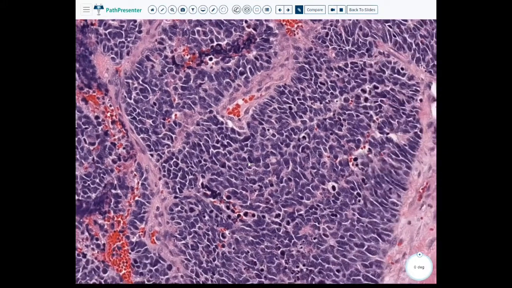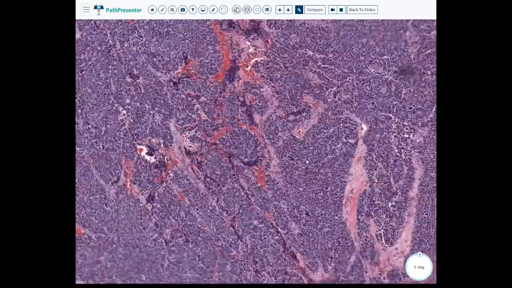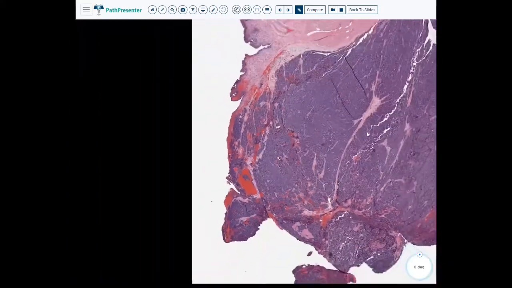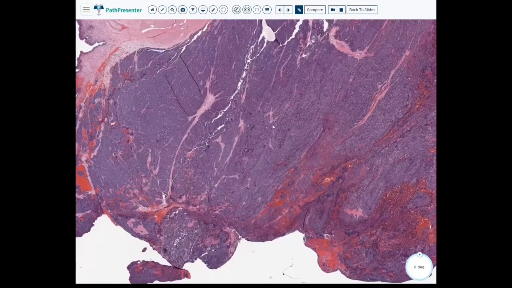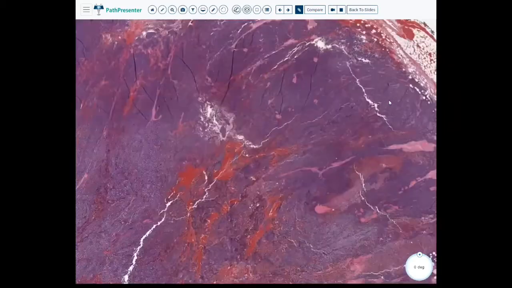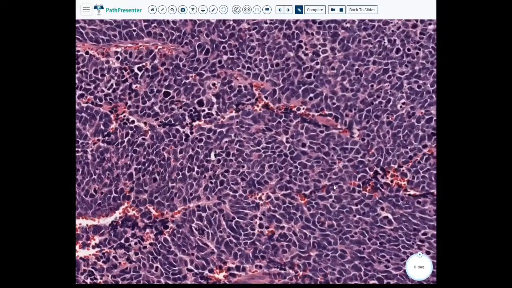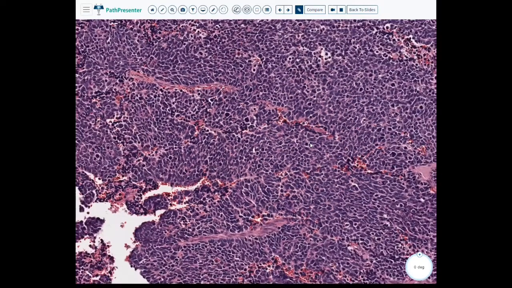So what are we looking at here? Well, this is a small cell carcinoma of the bladder. And again, remember, we have to take a look at everything, but this is obviously the lesion. Even if we go over here, far away from where we were looking, it's exactly the same. This is still small cell carcinoma. And our surface urothelium was completely benign.